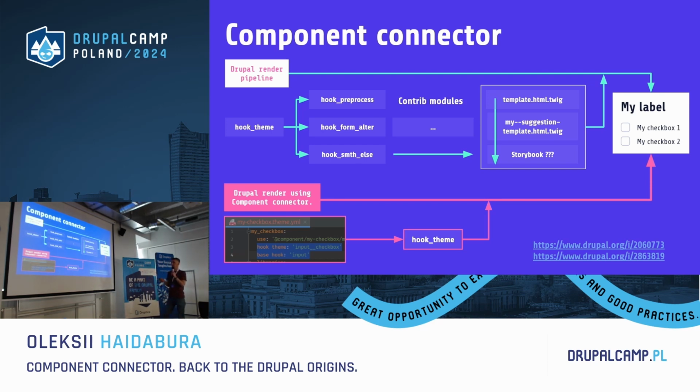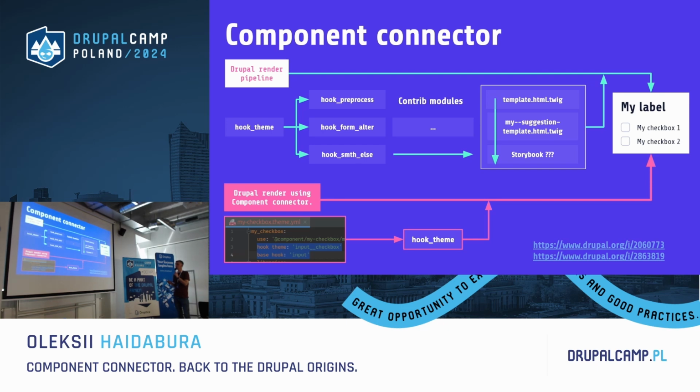And then we have a lot of preprocess, altering, or any other hooks. Like Facets provides its own hooks, Solr or any other contrib modules may provide their own hooks. For example, UI Patterns provides its own alters as well. And finally, we come to the template.